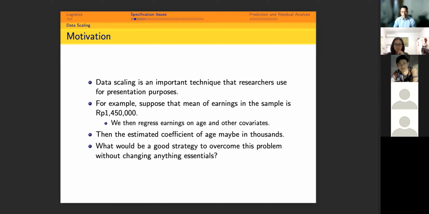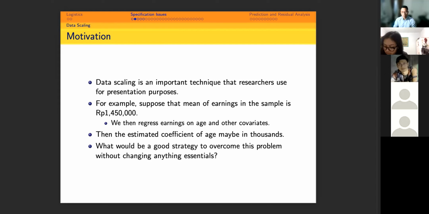We could also face the case where the dependent variable on the left-hand side is a relatively small number, and you have a relatively large number on the right-hand side of the equation. So the estimated coefficient that we get from the OLS regression is going to be 0.000 and some numbers.